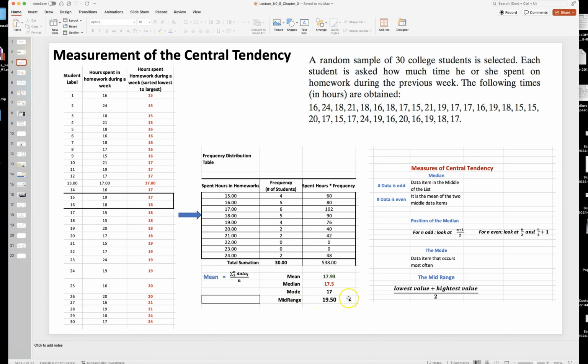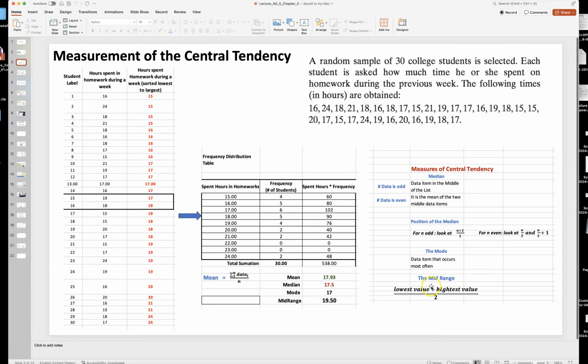You need to identify the lowest value, that is this one over here, and the highest value, that is this one over here. So you add these two extreme values and divide by 2. That is the mid-range, and if you compute that one, it is going to give you 19.5.